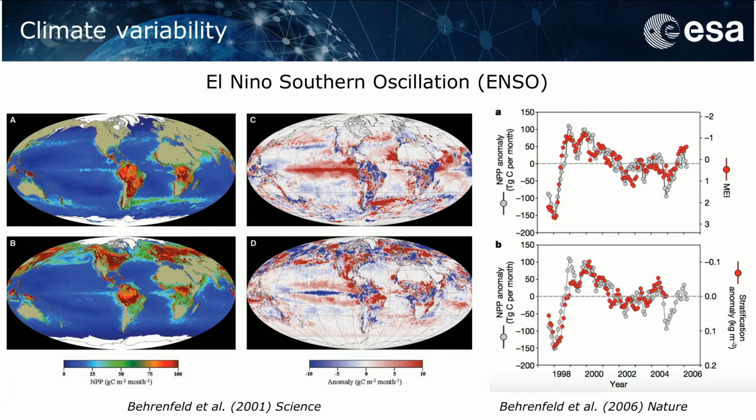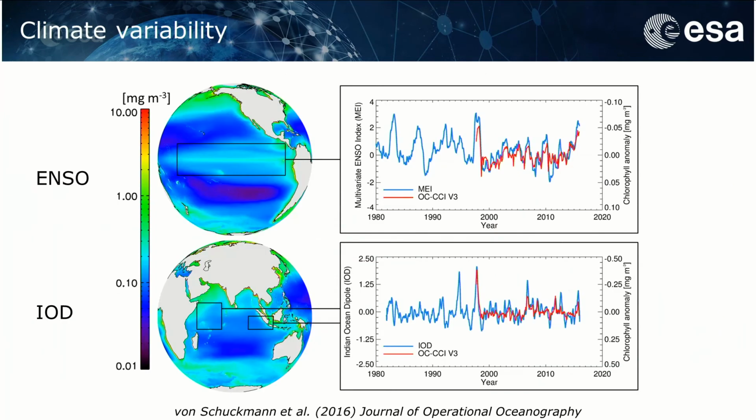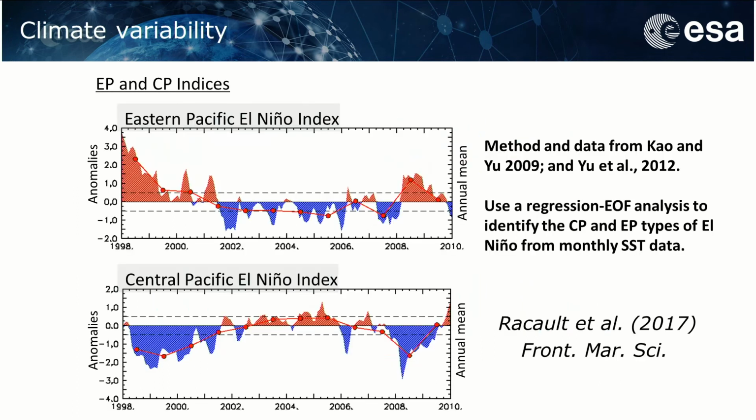And another paper in 2006 showed how the net primary production correlates very well with the Multivariate ENSO Index. I showed this plot yesterday and earlier as well. This is an example from our CCI record: 18 years of data overlaid onto the same index, and you can see how well it tracks variations in ENSO.